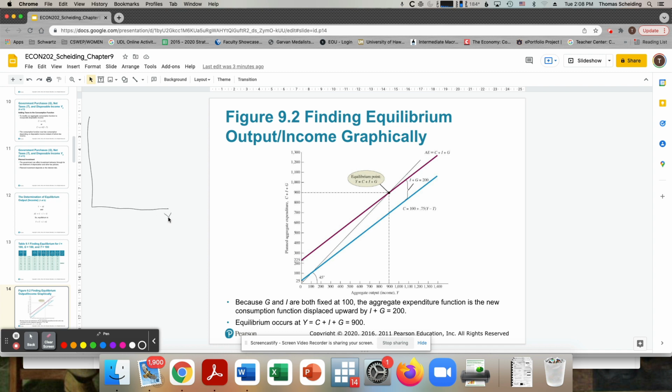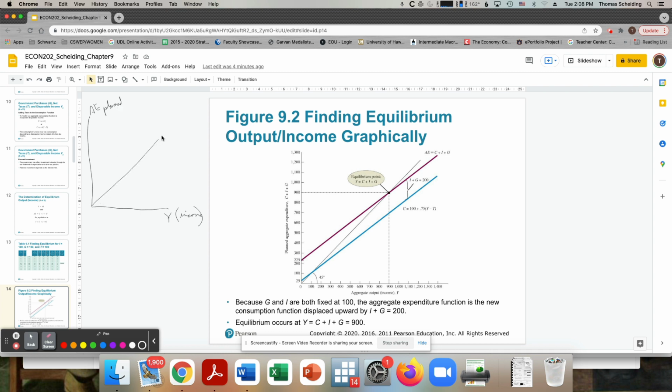So what you'll notice is Y is on the x-axis, Y meaning the income. Aggregate expenditures is on the y-axis. These aggregate expenditures are the planned aggregate expenditures.